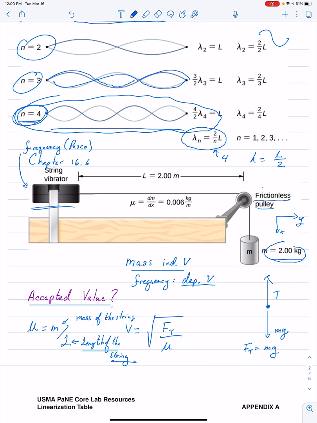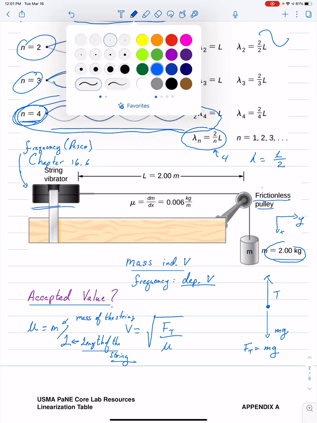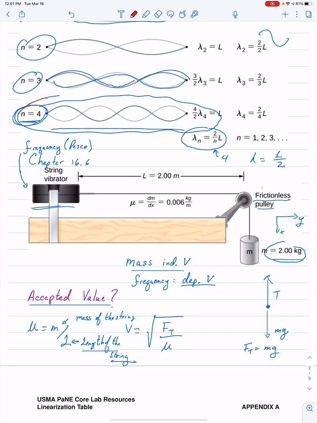It has nothing to do with the harmonics. You're always going to continue hitting 4 harmonics, 4 notes, like the one that I'm highlighting. And I'm going to highlight it again in red so you understand that it has to look like this. Your string has to look like this. Okay? You're going to change your mass, and as you change your mass, you're going to change your frequency in order to meet your 4 harmonics.